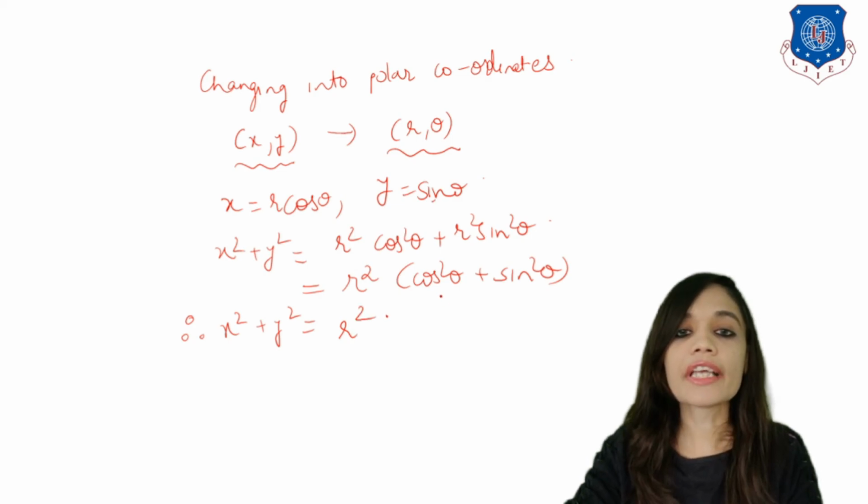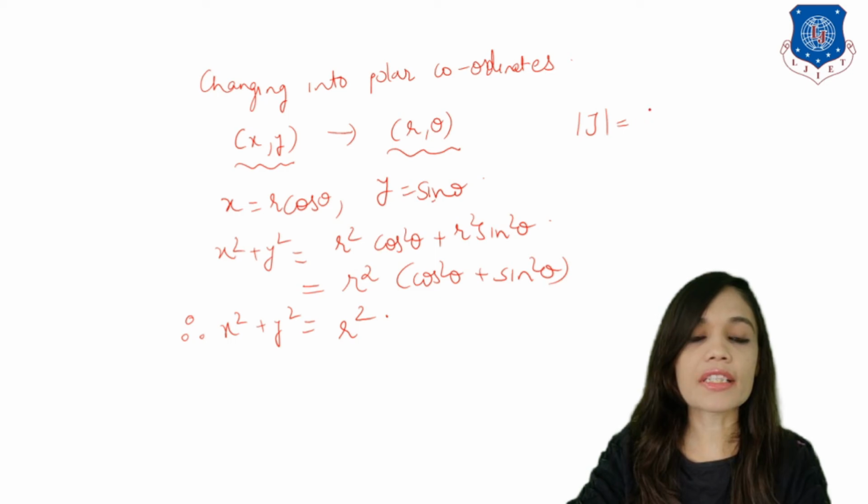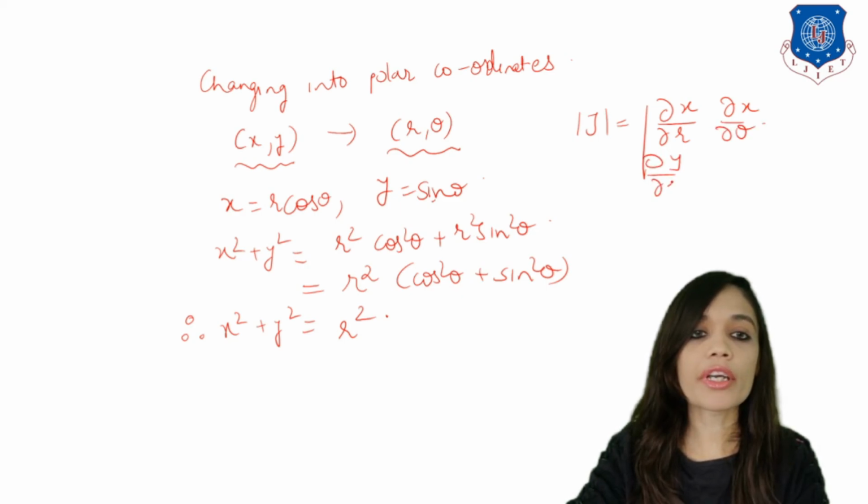Then we have found our mod J, that is the determinant of del x upon del r, del x upon del theta, del y upon del r, and del y upon del theta. And this is giving us the answer r.